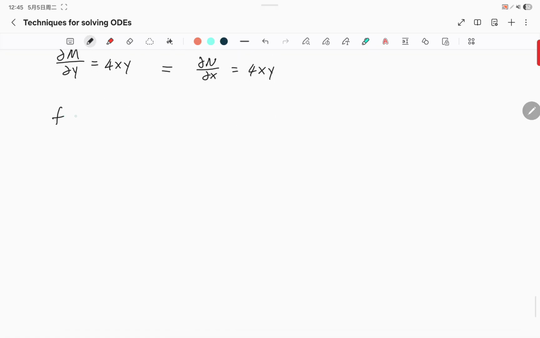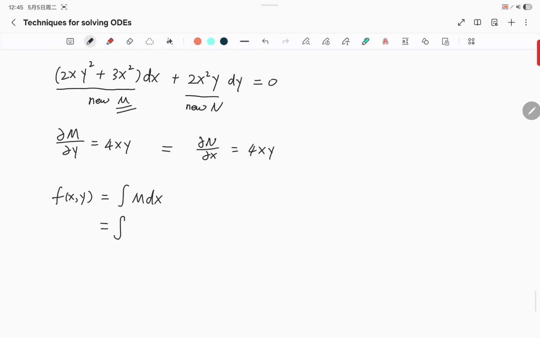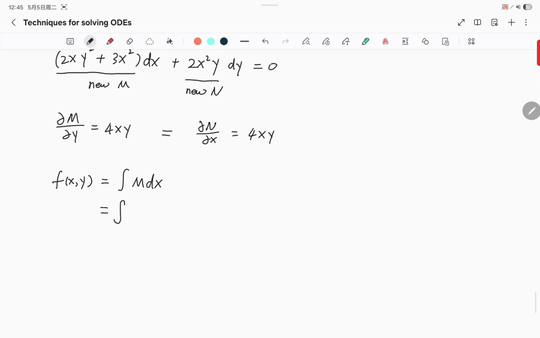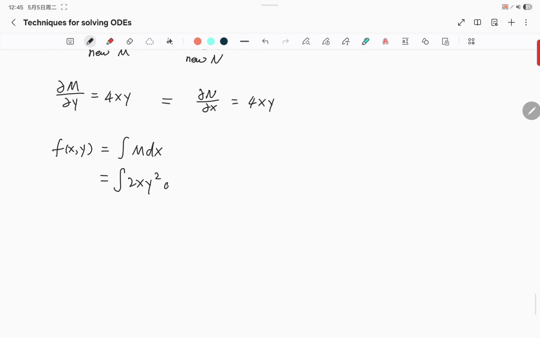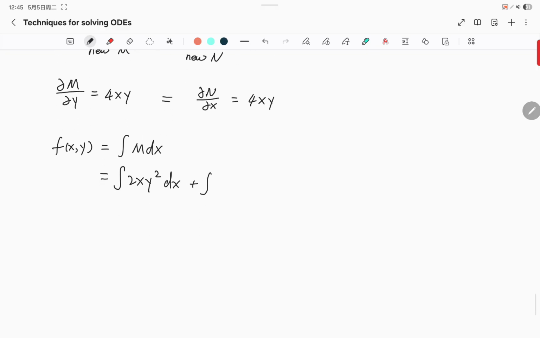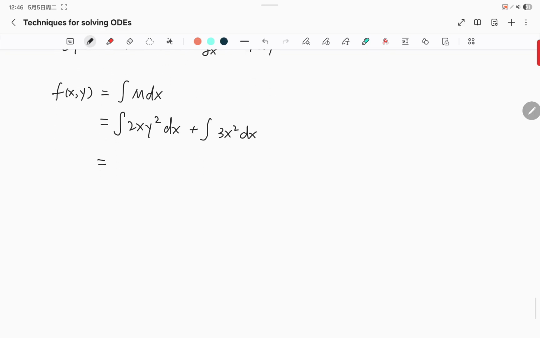So there's a function of x and y such that the integral of M dx is equal to it. And which M is this? It's the new M, this one, not the old M. Old M is no longer useful. So 2 and y squared, we just put outside of the integral, we just integrate over x.